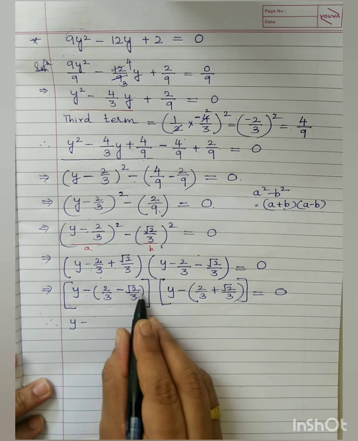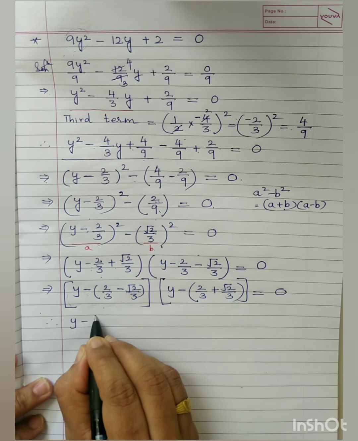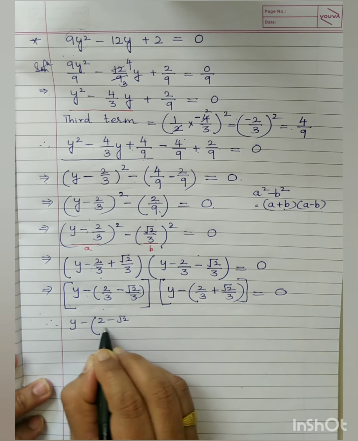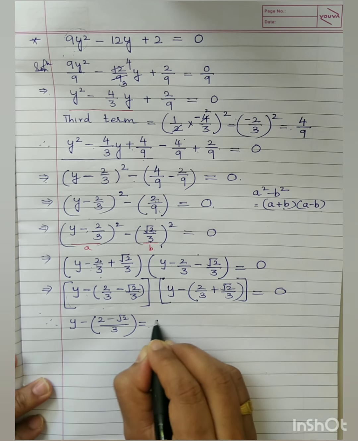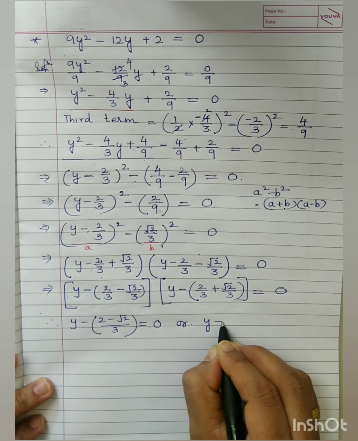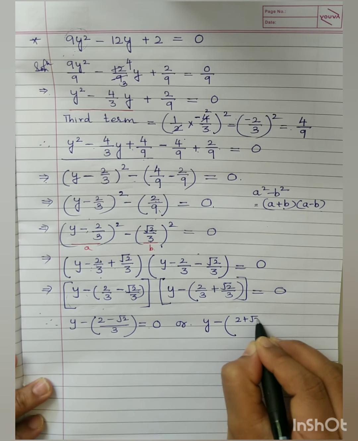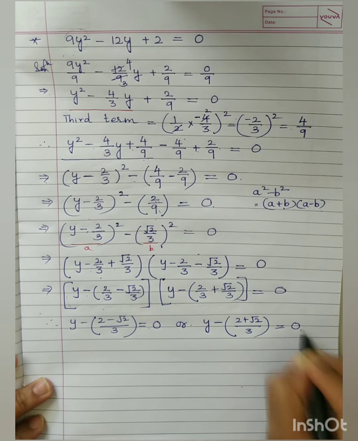The denominator will be 3 and you can write it as 2 minus root 2 whole upon 3 equal to 0, or y minus, here it will be 2 plus root 2 whole upon 3 is equal to 0.